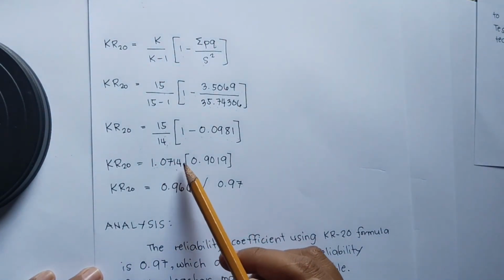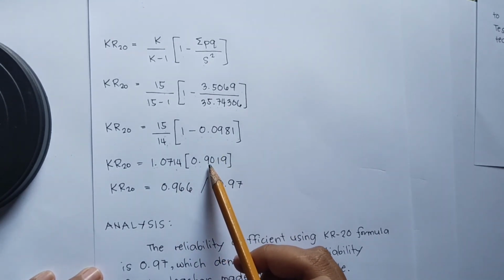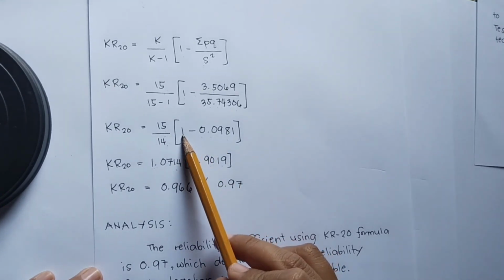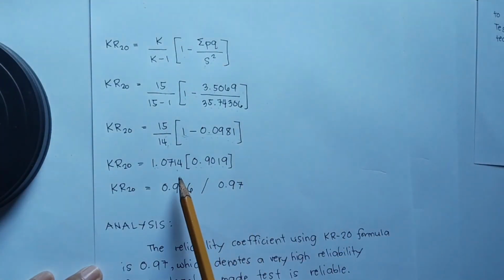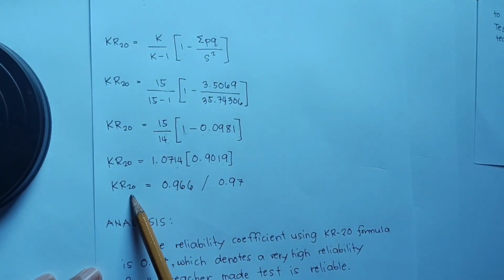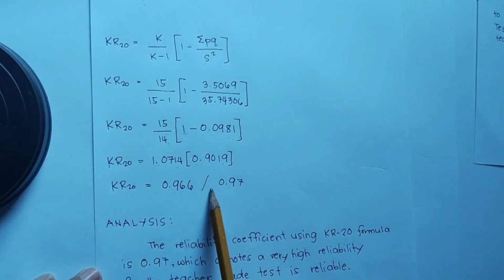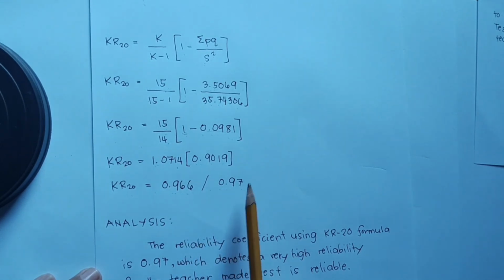And ngayon naman, 15 divided by 14 is equal to 1.0714 times 0.9019. Kasi nga, nag-subtract na tayo ng 1 dito. So, ngayon, i-multiply lang natin sila. So, KR-21 is equal to 0.97.